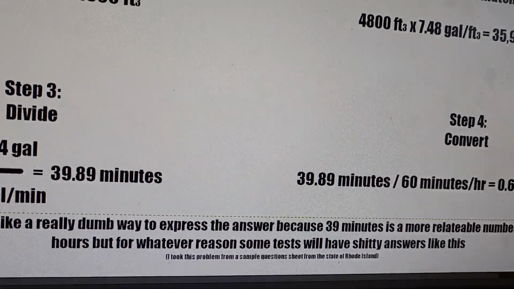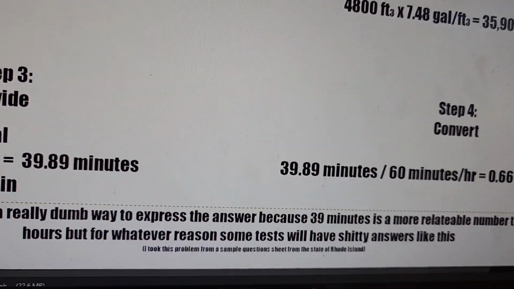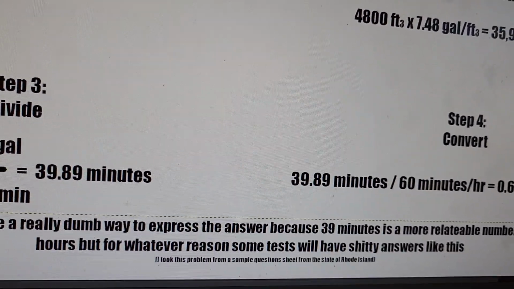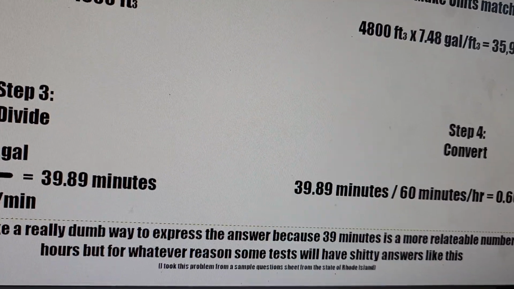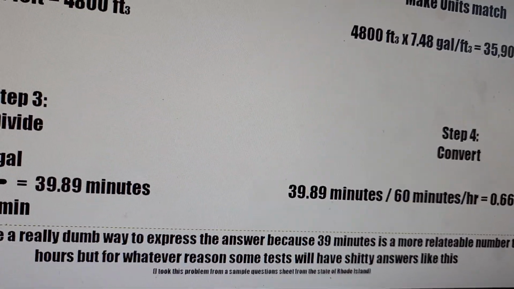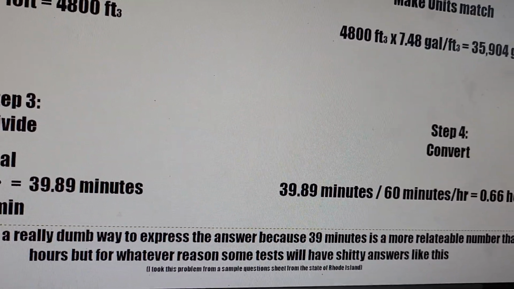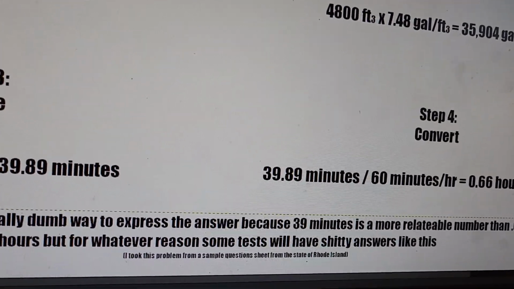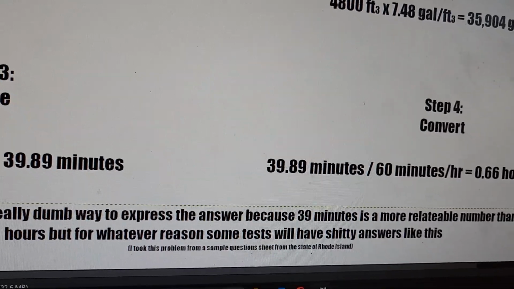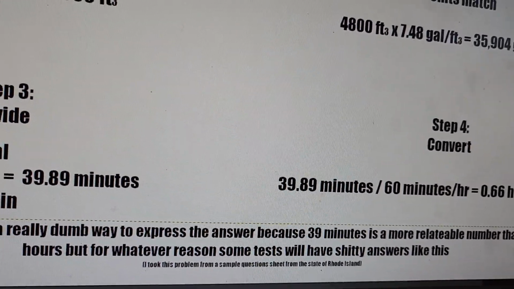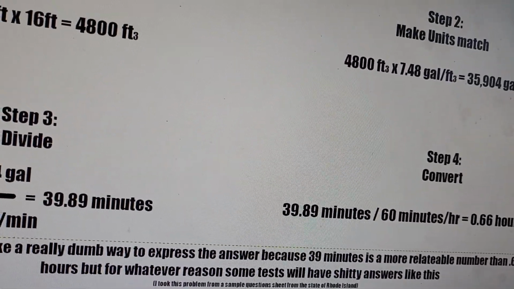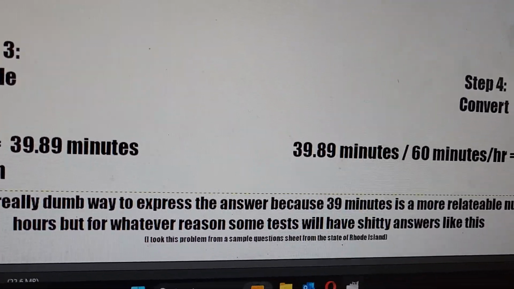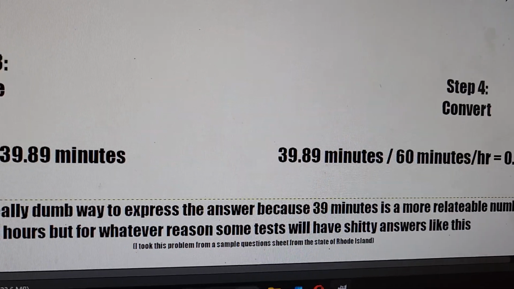If your boss asks you to calculate this out and you say it's going to take 3.6 days to fill, and your boss says okay, we can leave the hose running for the weekend, you come back on Monday morning and things are going to be overflowing. You'll have 2 days worth of water on the ground, and it's going to be your fault, and your boss is going to be pretty mad at you because you didn't get the units right.